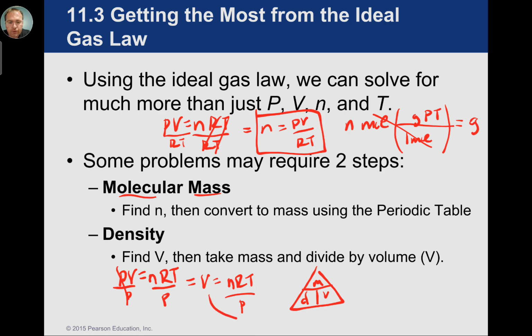And we just found volume. So density is mass over volume, and volume came from our PV equals nRT equation. Mass would be given in the problem. So you could just take their number they give you, divided by volume that you find, and get density of a gas in that grams per liter that we would typically see for gases. So you'll see a couple spin-offs from the ideal equation in some of your homework.